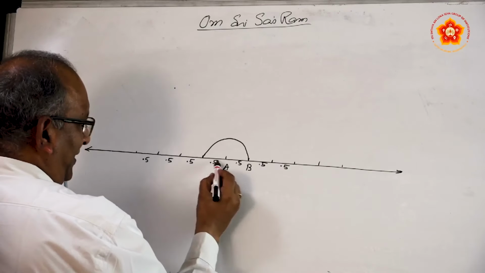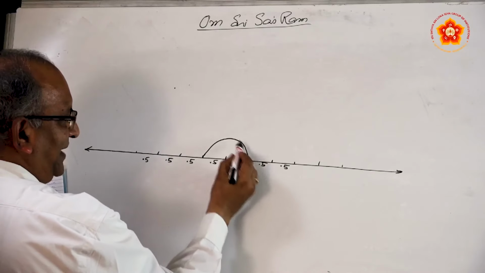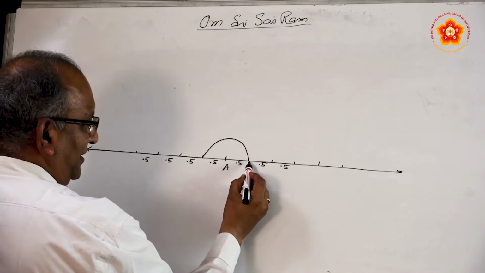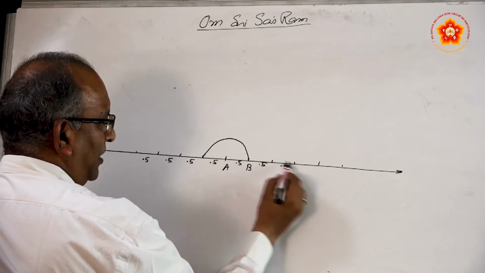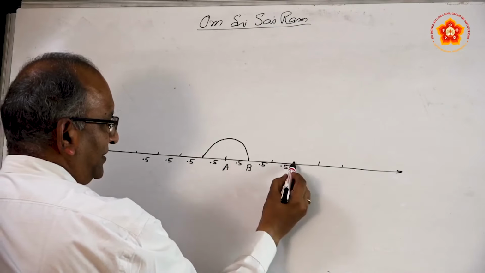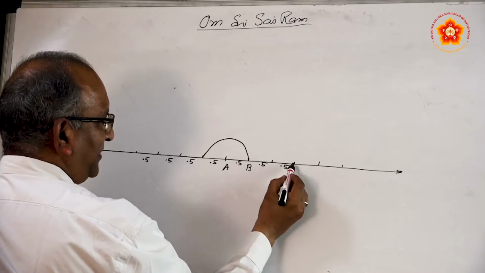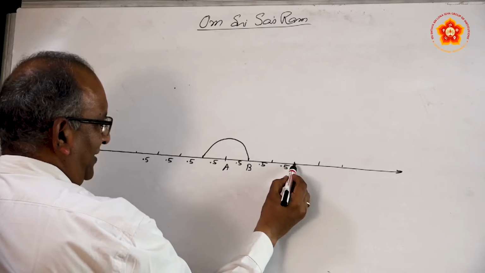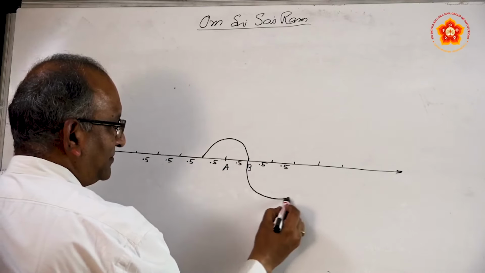So, here from the center A, 0.5 was the radius and this was the semicircle. Now create the next semicircle with the radius 1. So, from B to this particular point is 1. So, this should be taken. So, this will become like this.